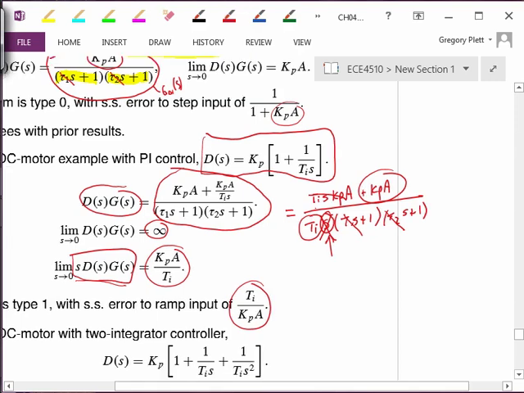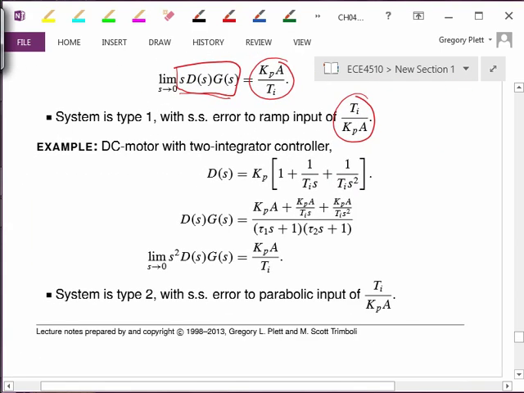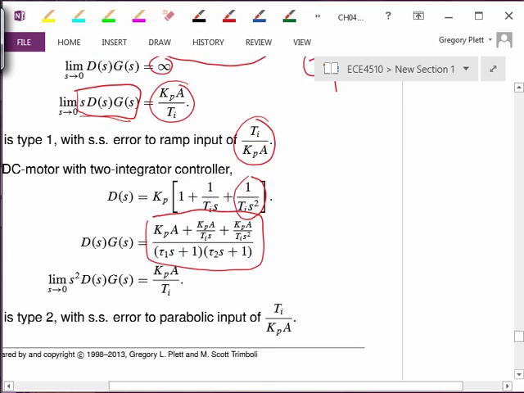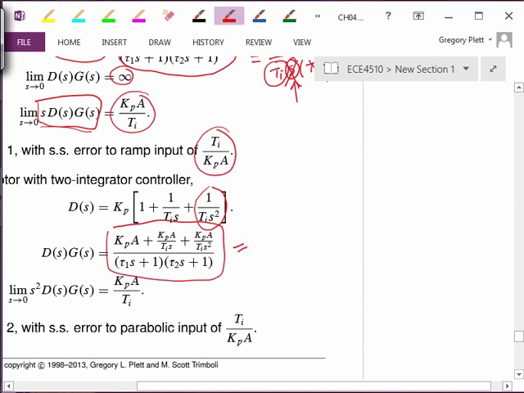One more example. And this is a DC motor with a 2-integrator controller. And all we've done is we've added a 1 over TIS squared to the previous controller and multiply D times G, and we get this. And again, we could put this over a denominator that shows more clearly what's happening.